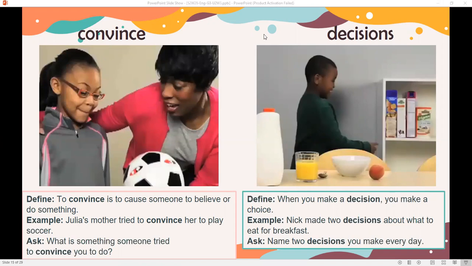Just like we said, the candidate convinced the students to vote for him. For example, Julia's mother tried to convince her to play soccer. Maybe she's telling her how good soccer is, or that it's a good sport. What is something someone tried to convince you to do? I'm sure your mom tried to convince you to eat broccoli, for example.